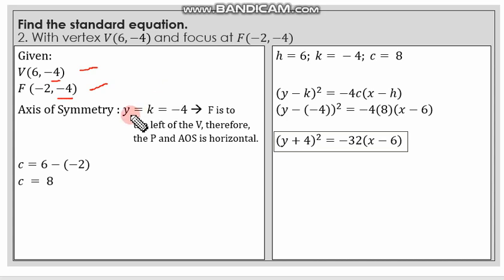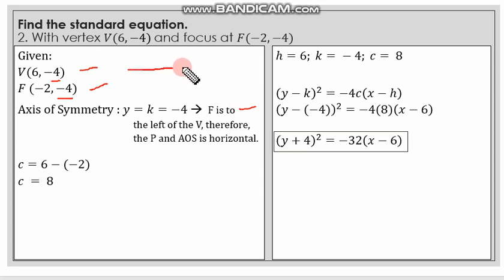Since this is the y coordinate, the axis of symmetry is at y, so y is equal to k, which is equal to negative 4. This means that our axis of symmetry is horizontal.